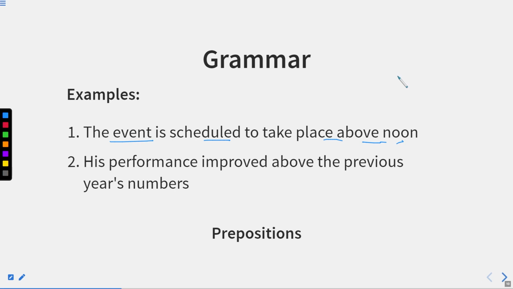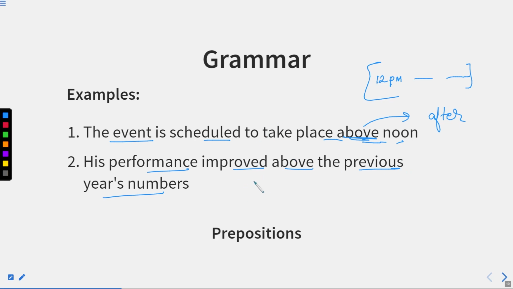Now, we know well that noon begins with 12 p.m. and it continues up to evening point, suppose 4 p.m. Above noon means after this particular time. Above here means after. So, after the noon time.